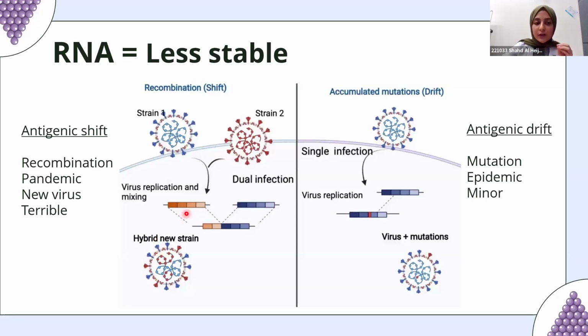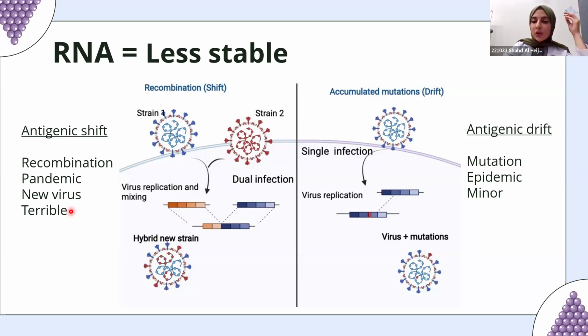If they're replicating and mixing, now you have one genome with parts from both. This is recombination. In reassortment, on the other hand, you have a segmented genome, and you have different segments joining into one virus. So this will cause pandemics, and this is very bad.